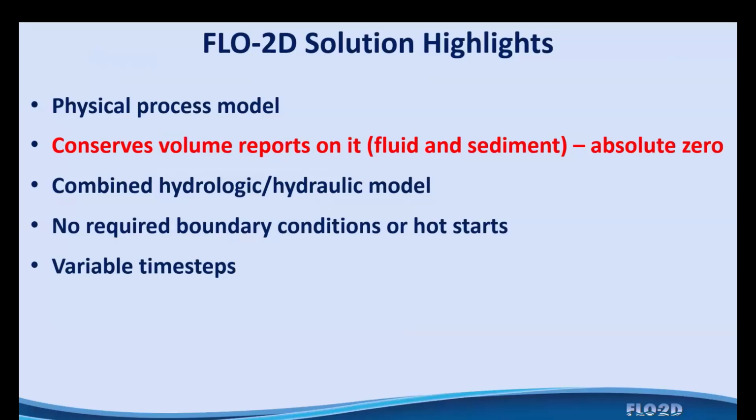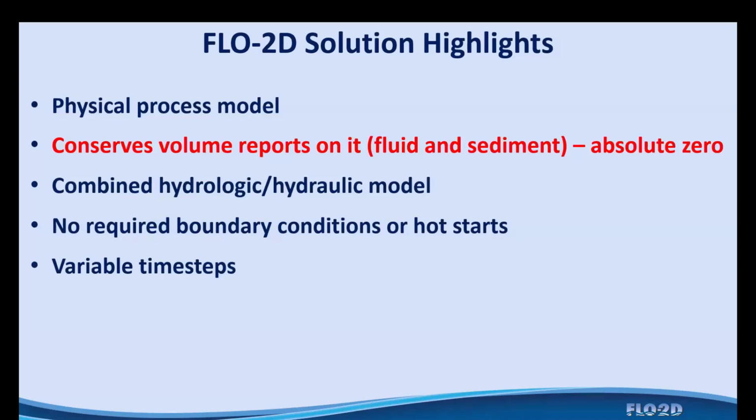Now, Flow2D is a physical process model, and the most important aspect of this is it reports on the volume conservation of both the fluid and the sediment. And we can model this with absolute zero error. That is less than 1/1,000,000th of 1% for the volume conservation.